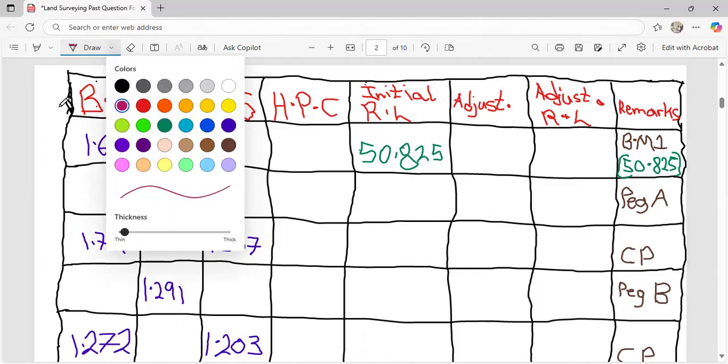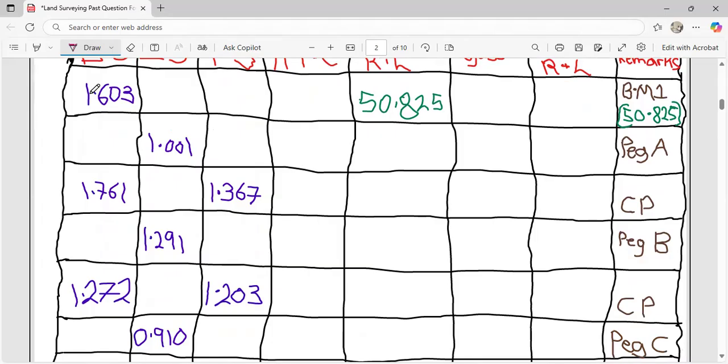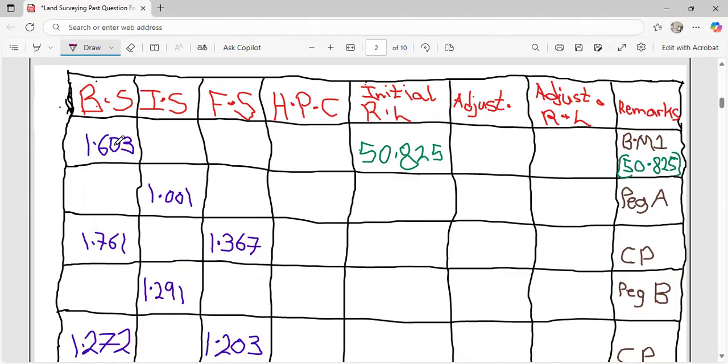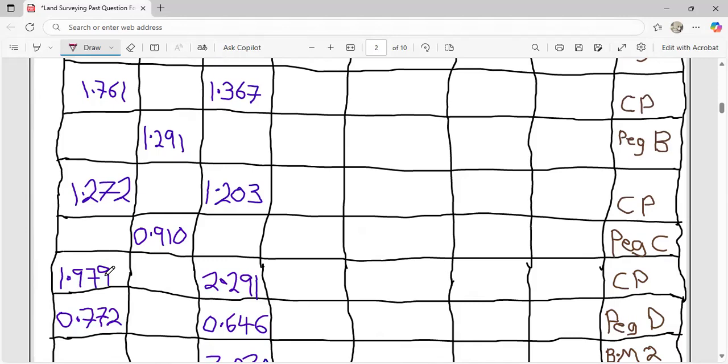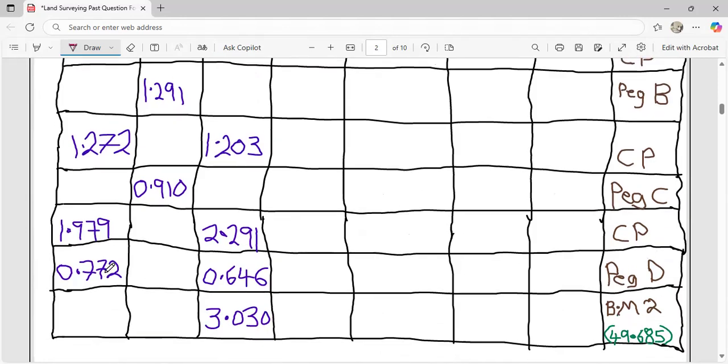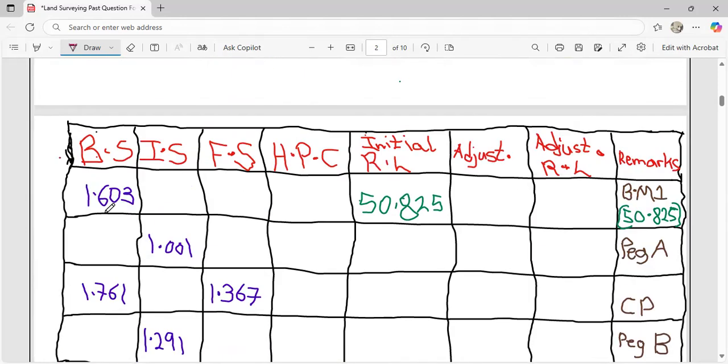From there, we must also count the number of backsights. How many backsights do we have here? We have 1, 2, 3, 4, 5. This implies that we have 5 backsights.